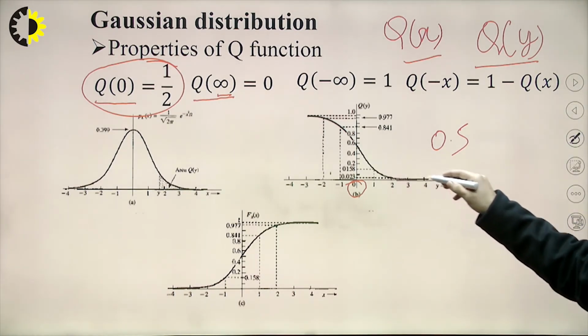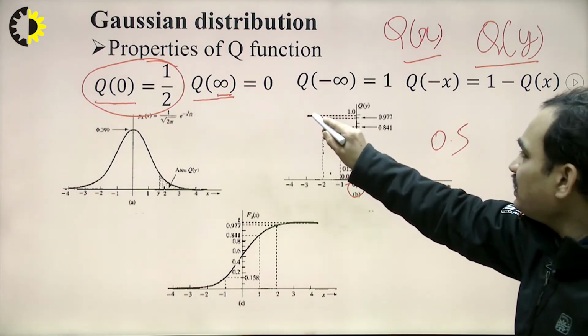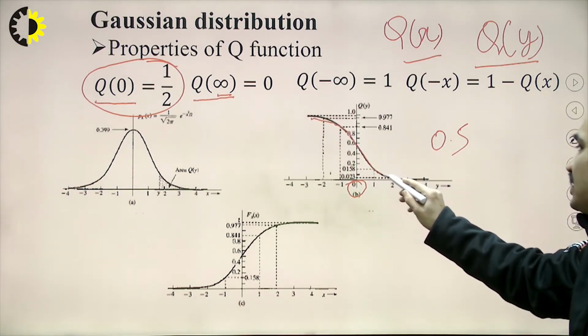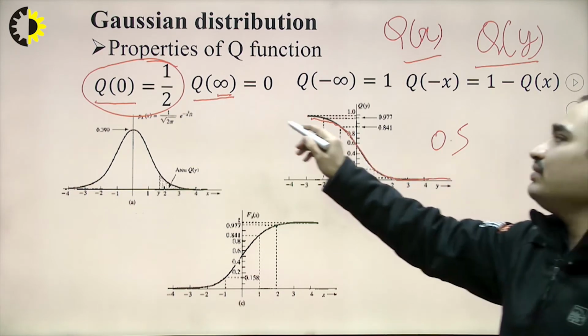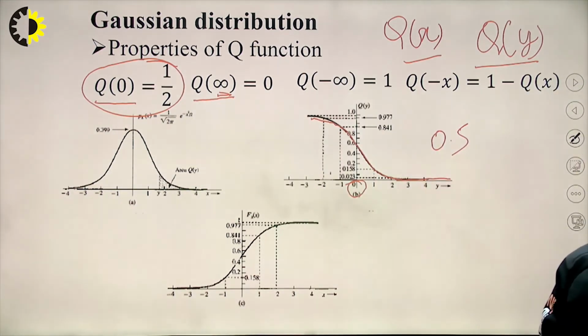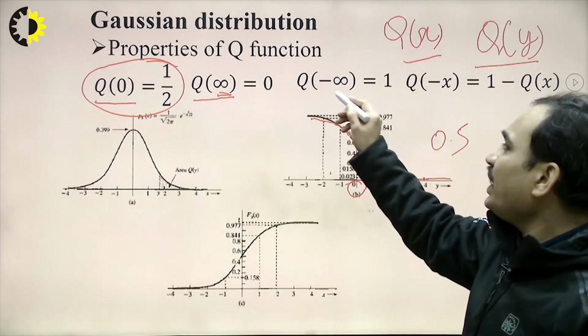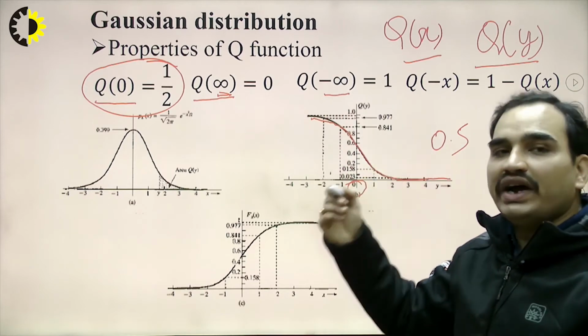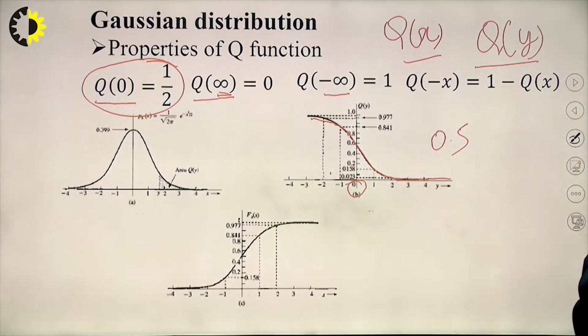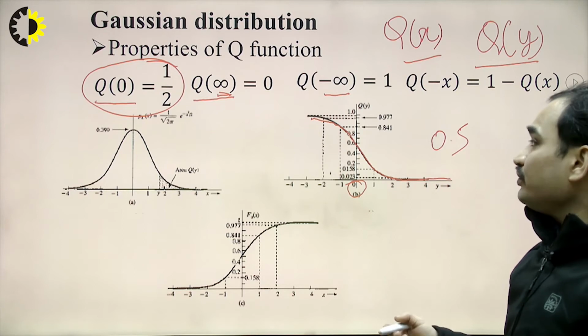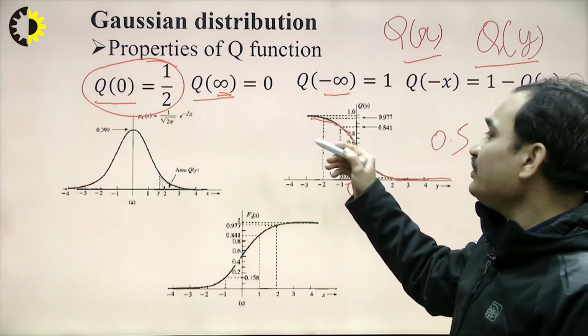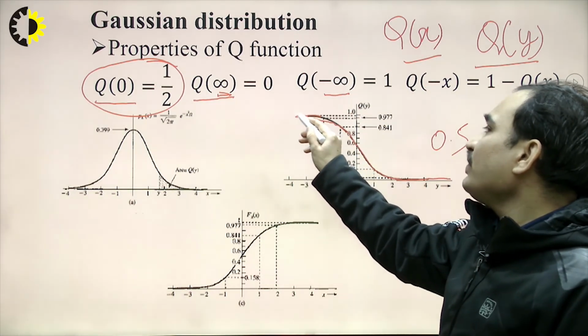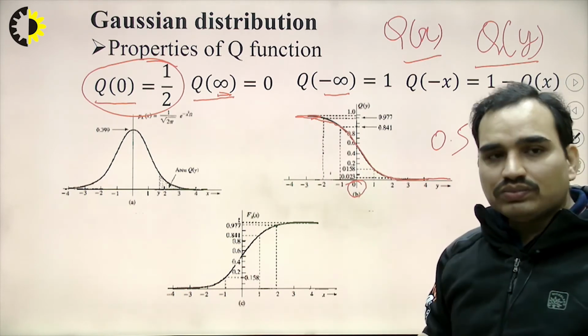As you can see in this curve also, the curve is falling down and going to 0 at infinity. So what is the value at x equals minus infinity? The value of the q function at x equals minus infinity is the maximum value, that is 1.